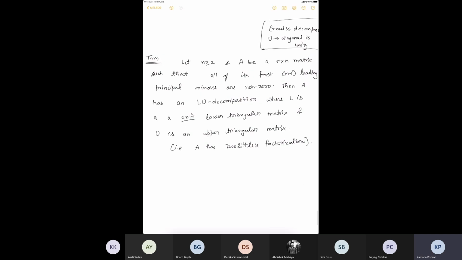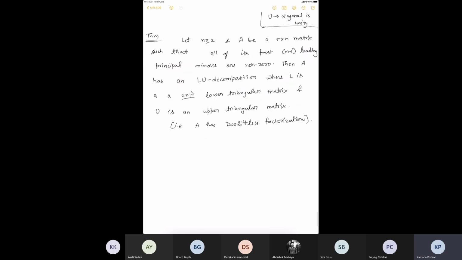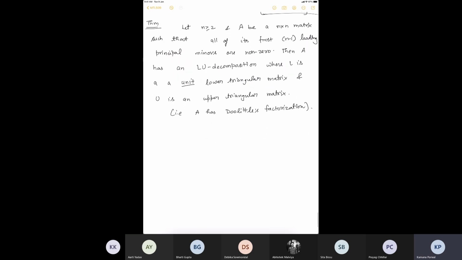Now let's try to understand: suppose we are given the matrix A, how do we find the Doolittle's factorization of that matrix A? That is, we are going to compute the LU factorization. In particular, we are discussing the Doolittle's factorization.